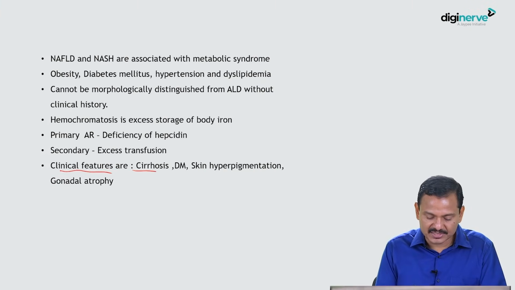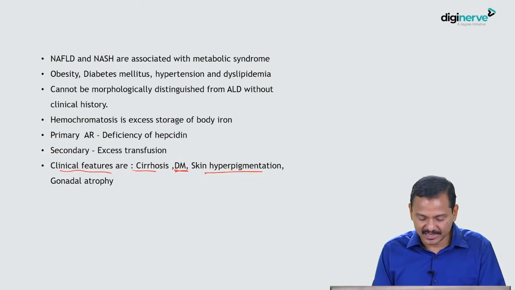The clinical features are cirrhosis, diabetes mellitus, skin hyperpigmentation, as well as gonadal atrophy. If you find this triad, then we can say that the patient is most likely having hemochromatosis.